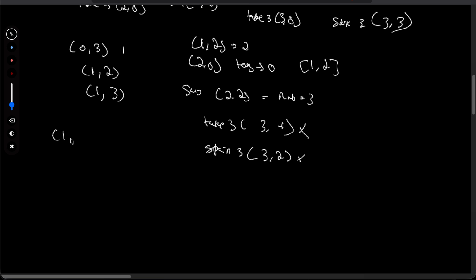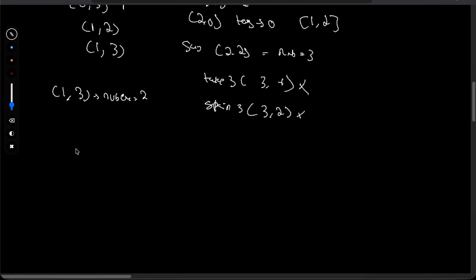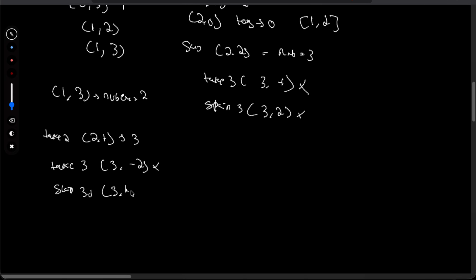Now we have 1 comma 3, number is 2, target 3: take 2 or skip 2. If we take 2, it's 2 comma 1, so the number is 3. If we take 3, it's 3 comma negative 2, which is wrong. If we skip 3, it will be 3 comma 1.